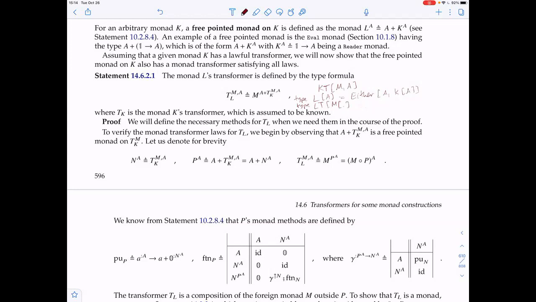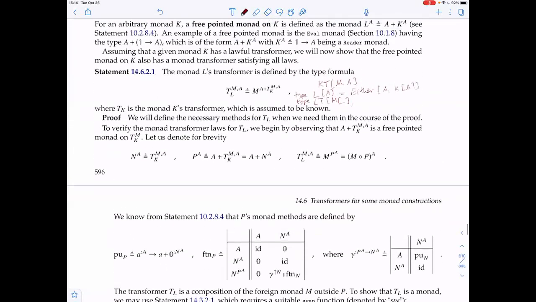M must have the argument because it's a type constructor. LT of M, A equals M of either of A and then KT of M A. So this is the Scala syntax for this. I prefer to write a code notation because it's much more transparent than this. This becomes quite hard to read after some number of nesting.